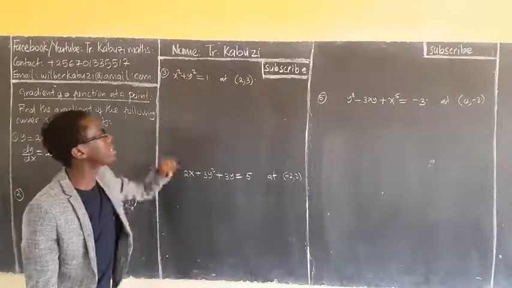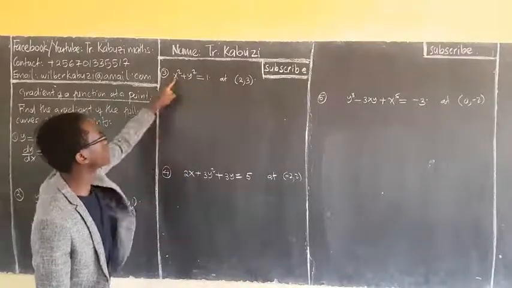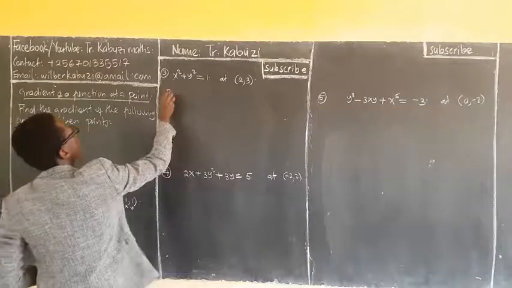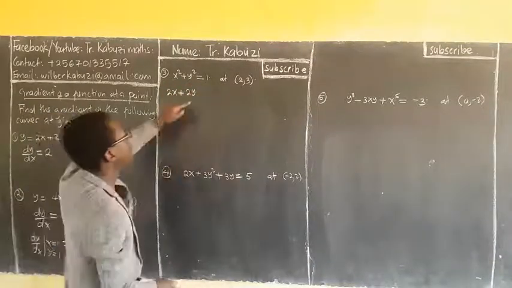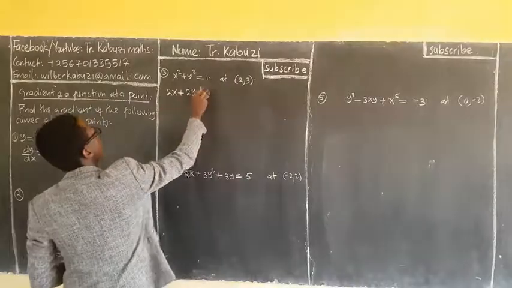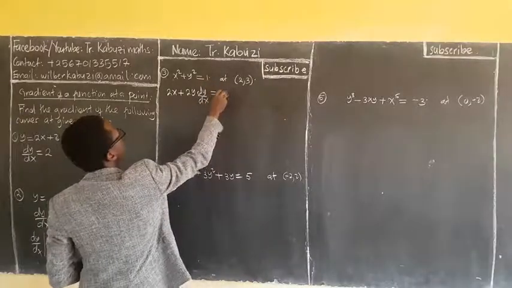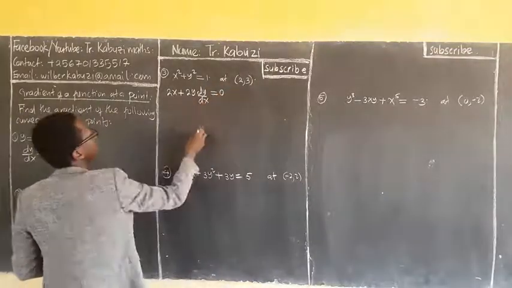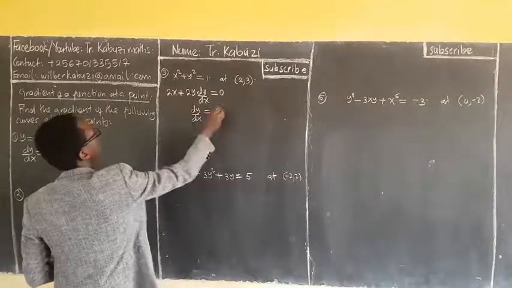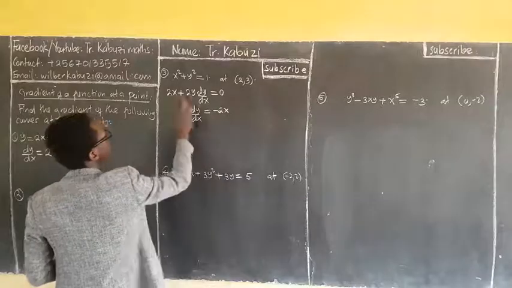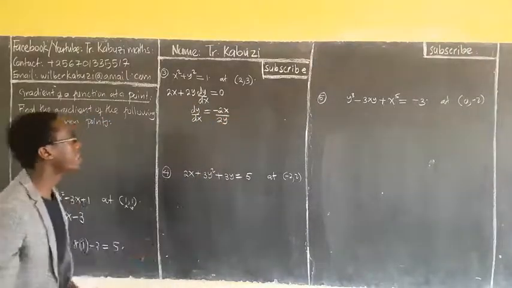Now when I come to this, it's the equation of a circle. When I differentiate this, I get 2x plus, when I differentiate this, I get 2y. But because I'm differentiating y, I put dy/dx equal to 2. When I differentiate this, I get 0. Taking this to the other side, my dy/dx will be negative 2x, dividing through by 2y to make it the subject.